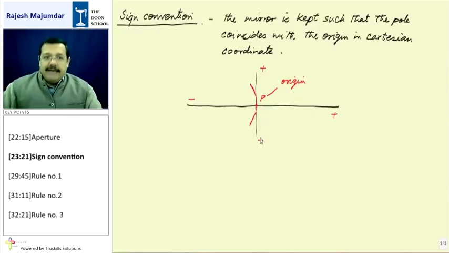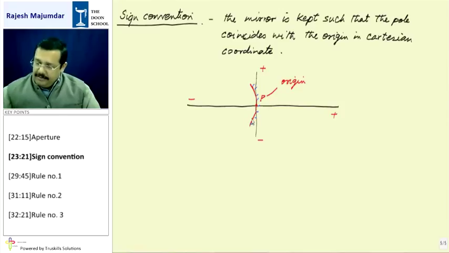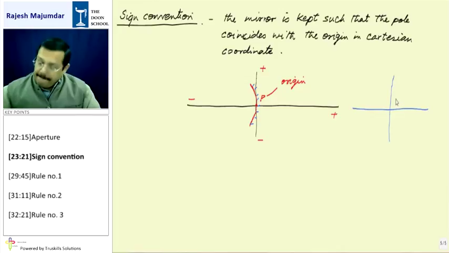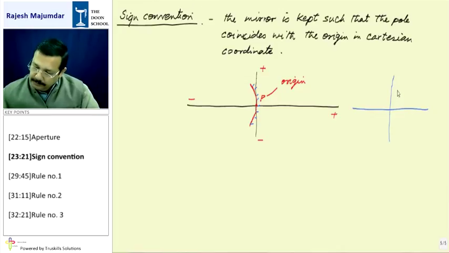So the mirror has been kept like this. And if I have to keep a convex mirror, then I will keep in this way. Right? This is the pole.